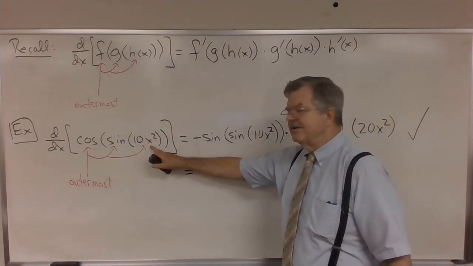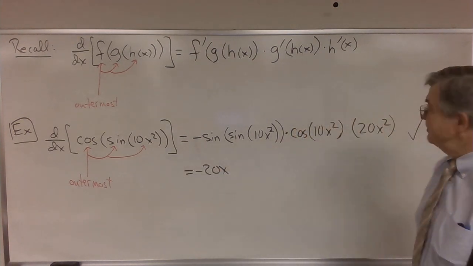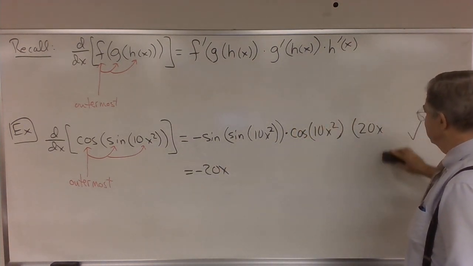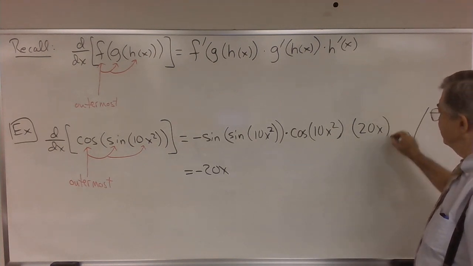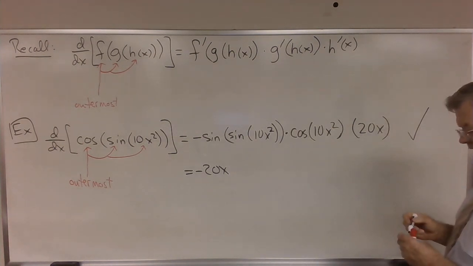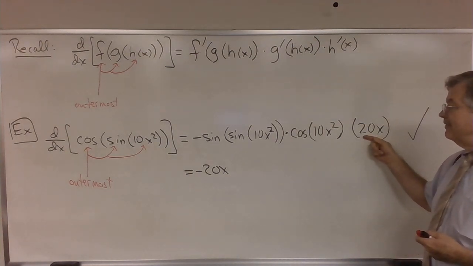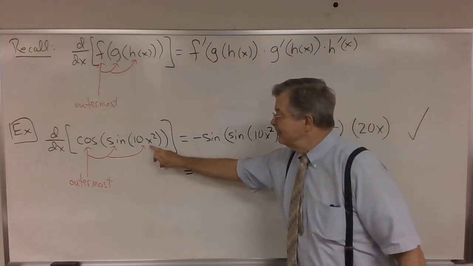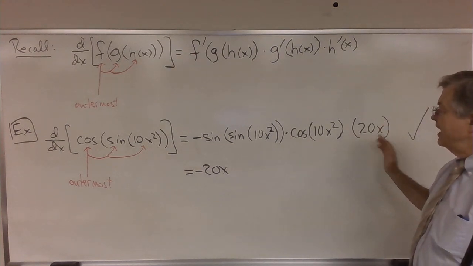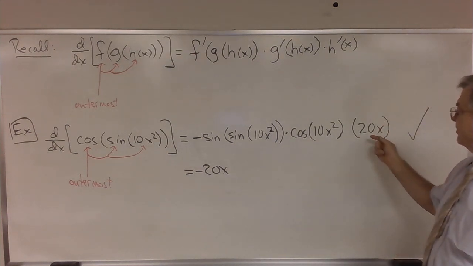Derivative of the inner function 10x squared is 20x. Okay. Don't be bashful, you won't hurt my feelings. Derivative of the innermost function is 20x. And now I'm just going to tidy this up.